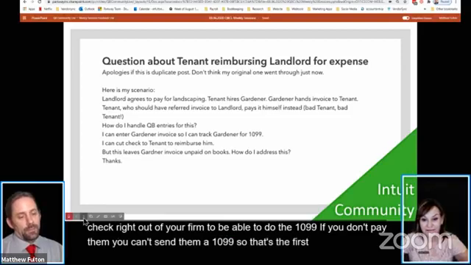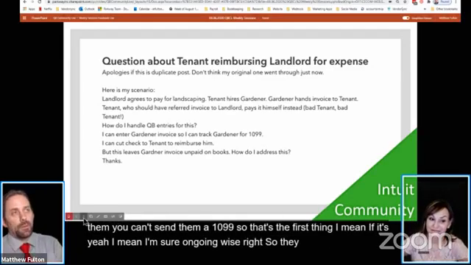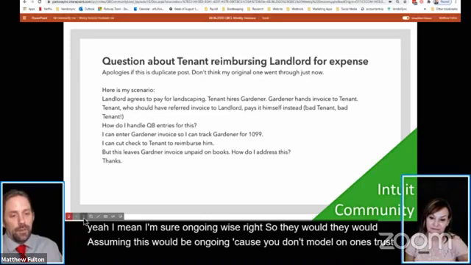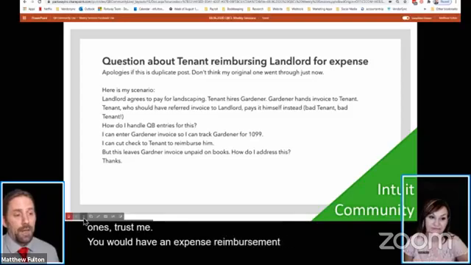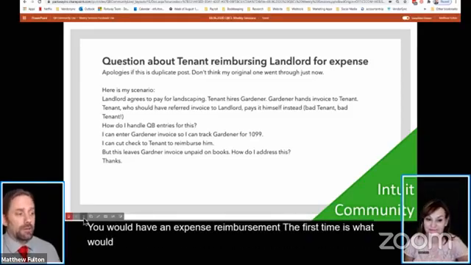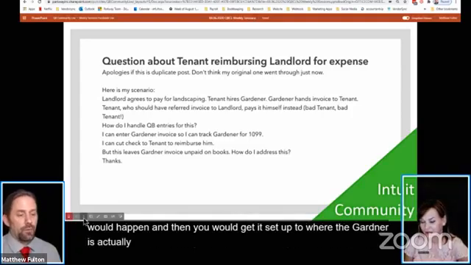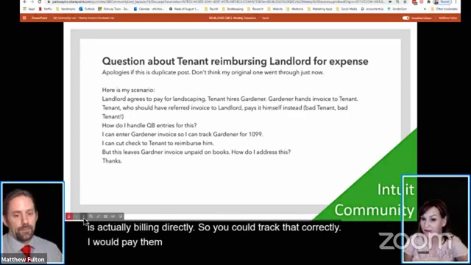I'm sure this would be ongoing, because you don't mow the lawn once, trust me. You would have an expense reimbursement the first time, and then you would get it set up to where the gardener is actually billing directly, so you could track that correctly. If I made an agreement with a tenant, I would pay them back for the landscaping. I would just do it.